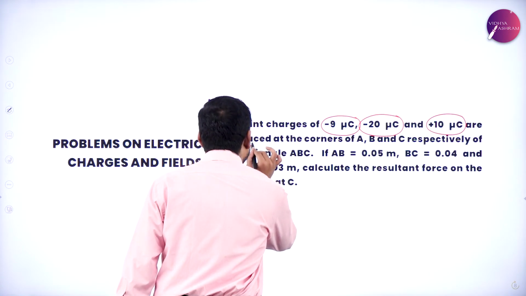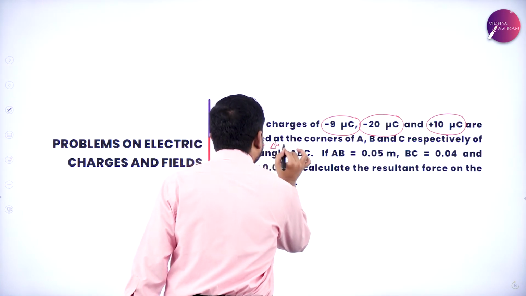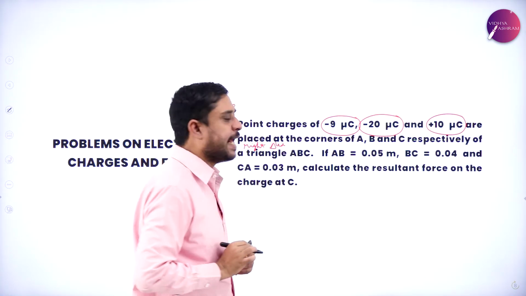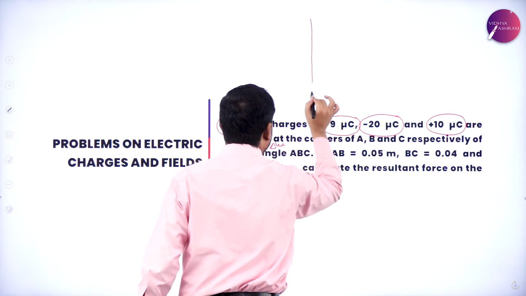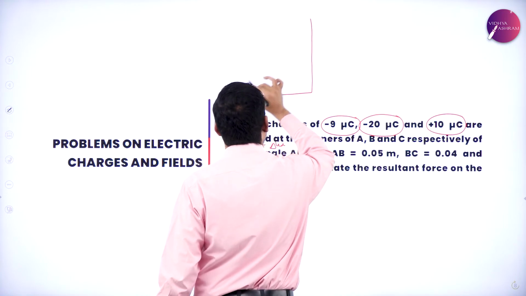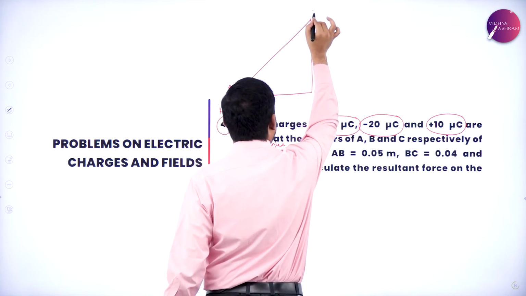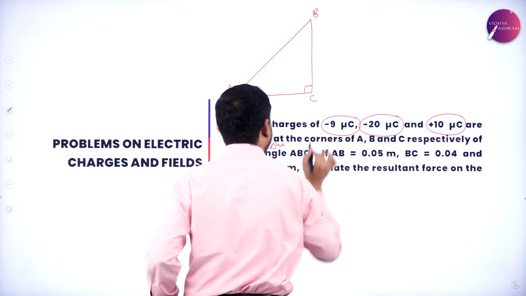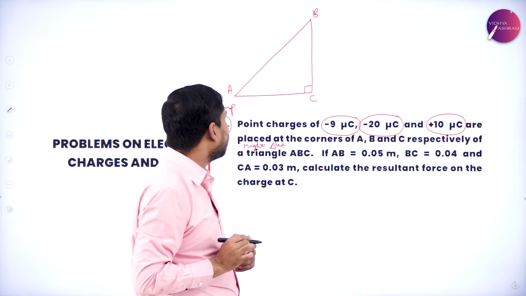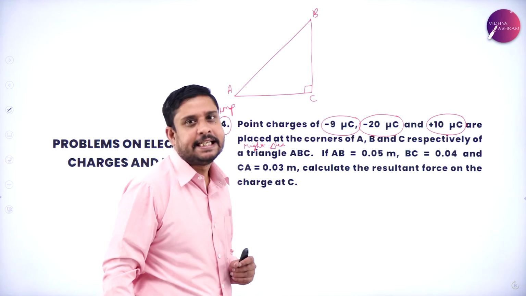I introduce a word here, right angled triangle ABC. Now, I assume I have a right angled triangle ABC, where C is the right angle.